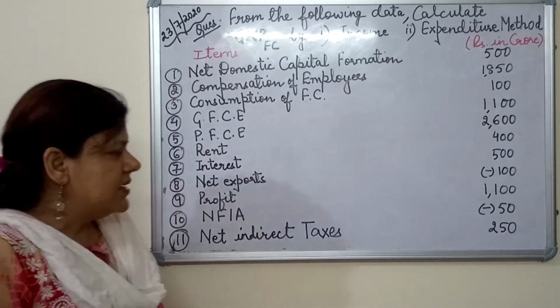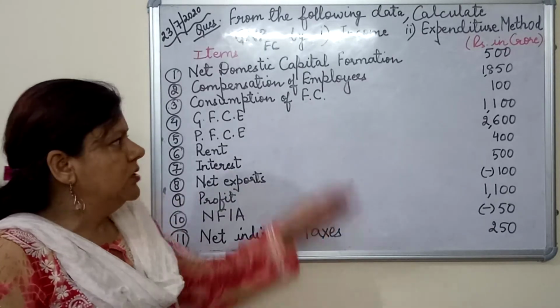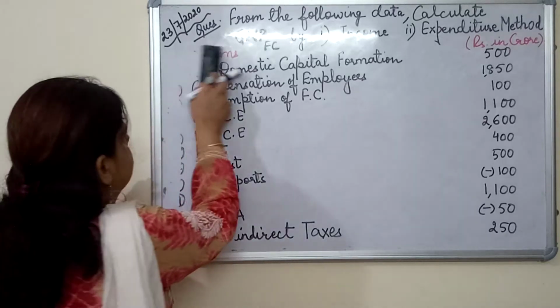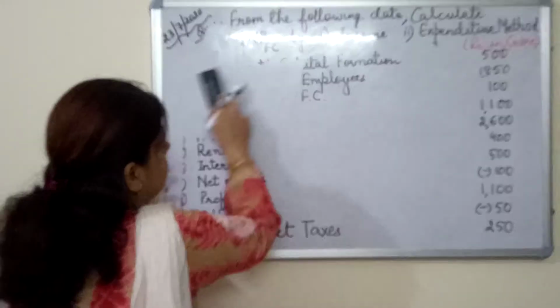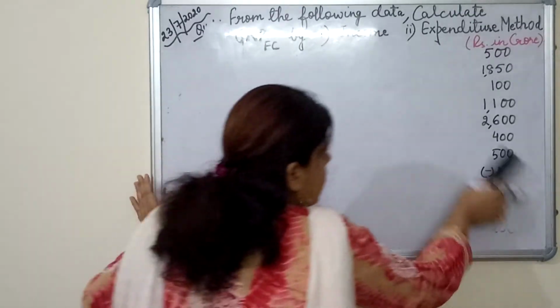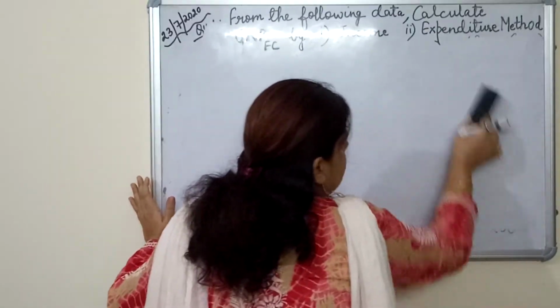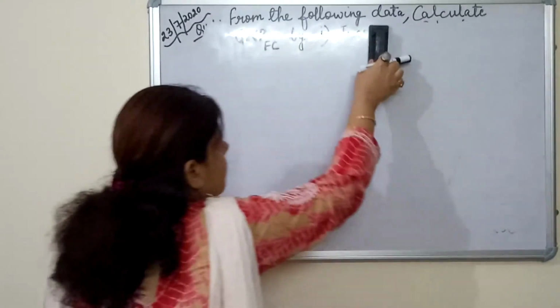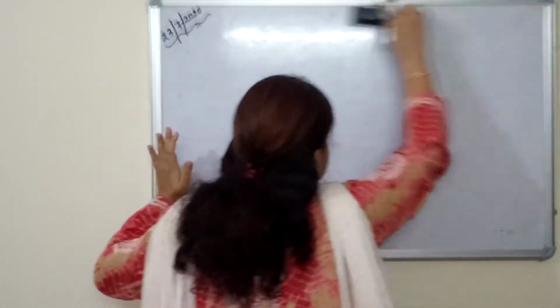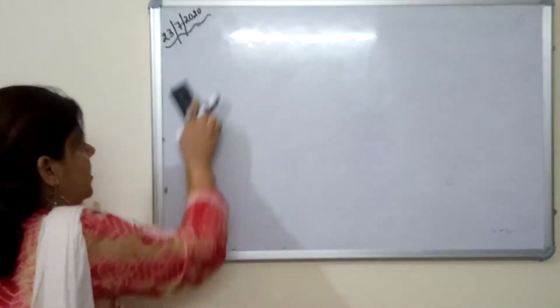Net indirect taxes is 250. So this is given in the question, and what you have to calculate is gross national product at factor cost by the income method and by the expenditure method. So first we will start with the income method.